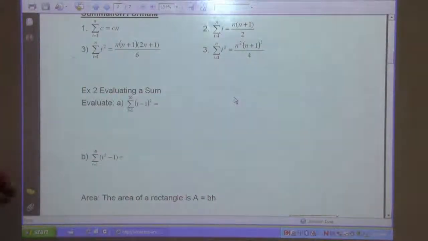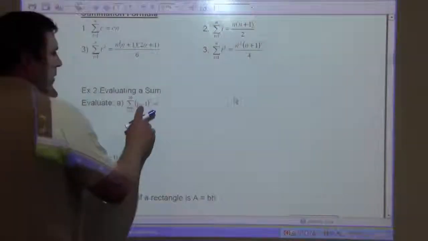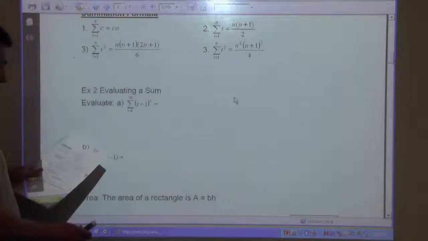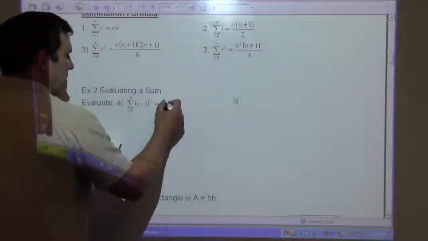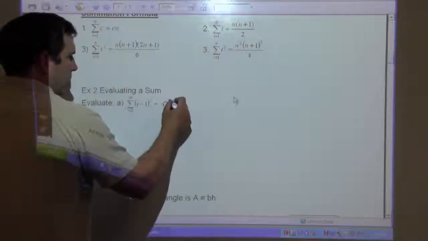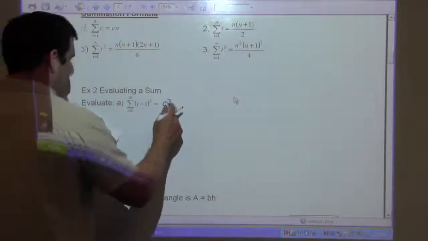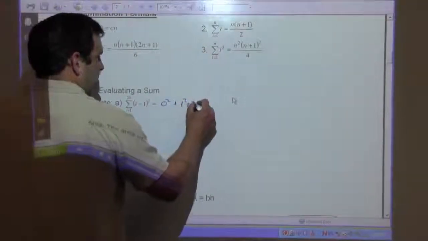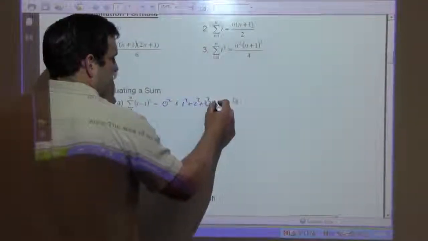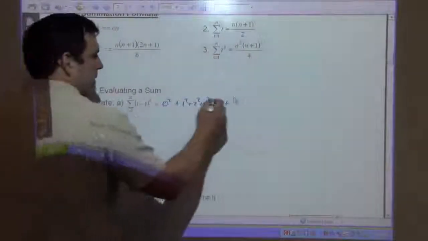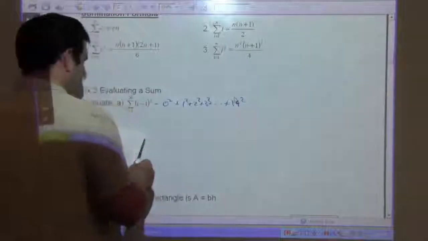So evaluate the sum. We have the sum as i goes from 1 to 20 of 1 minus i minus 1 squared. What we're looking at here is 0 squared, so 1 minus 1 is 0, plus 1 squared plus 2 squared plus 3 squared, up to 20 minus 1, which is 19, plus 19 squared.